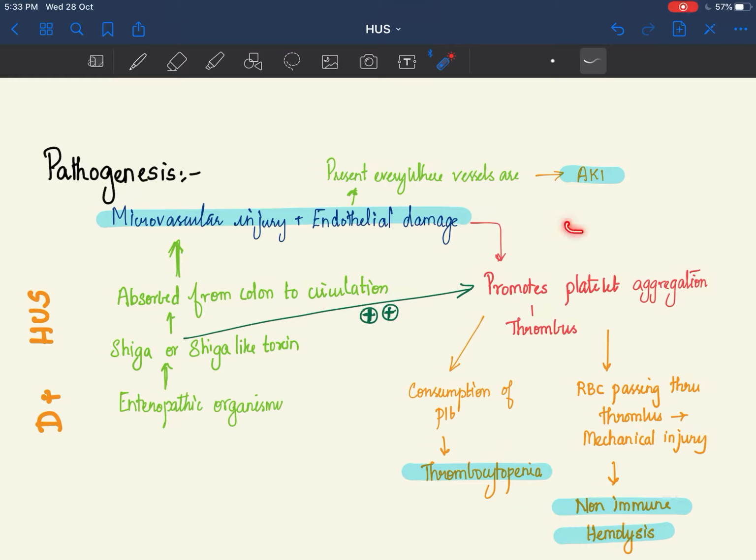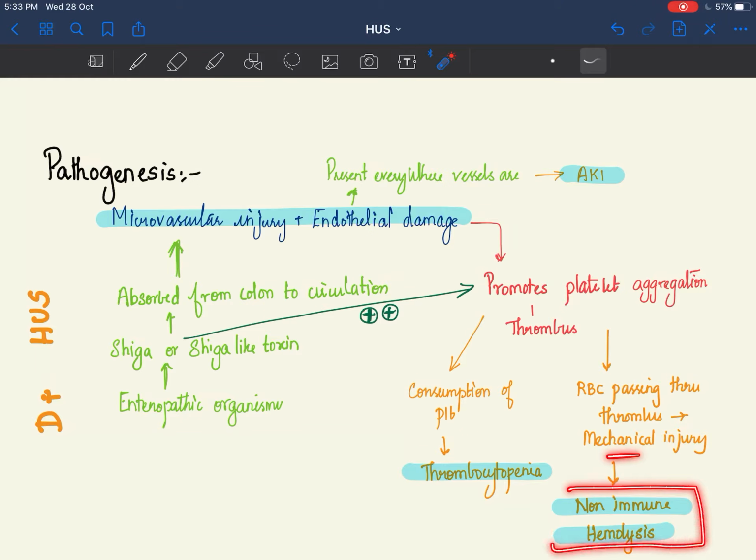Suppose this endothelium is disrupted due to some reason, then the platelets adhere to the underlying factor, correct? So that's what happens. It promotes platelet aggregation, thrombus formation, and when an RBC is trying to pass through this vessel which is riddled with thrombus, it has mechanical injury resulting in hemolysis. So this is a mechanical hemolysis, right?